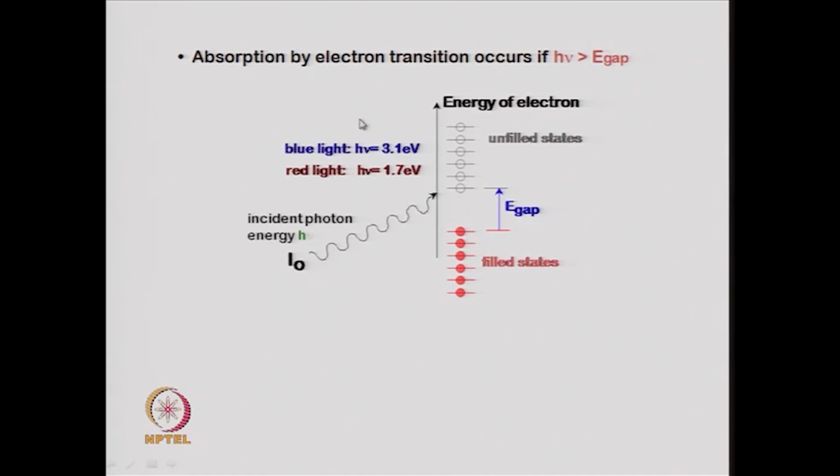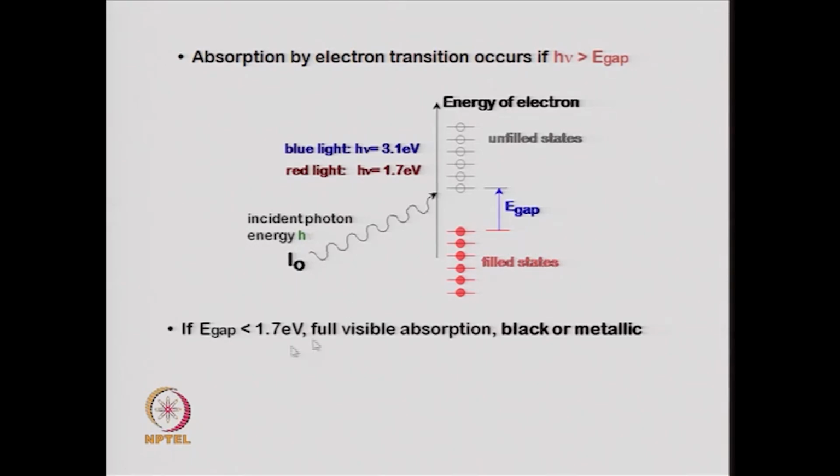So, if you apply an energy of h nu which is greater than the band gap or E gap, then you can have absorption. So, you have this incident beam, and this is the energy gap, and if the energy of this incident beam is greater than this gap, then you will have electrons moving from the filled valence band to the conduction band.